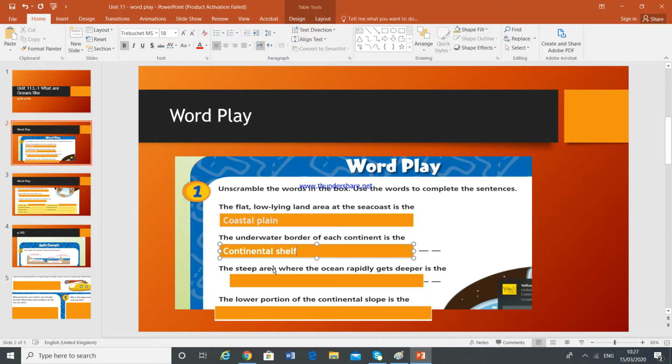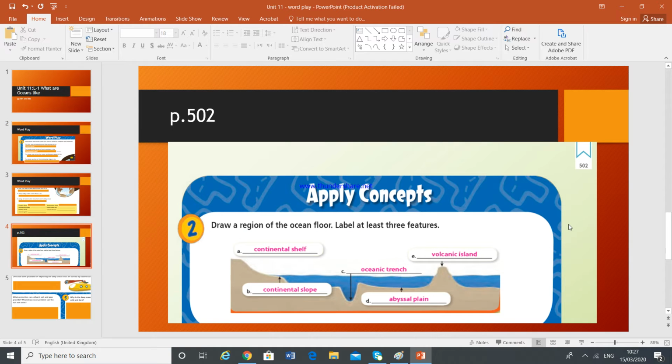Now, the steep area. It's a deep, steep area where the ocean rapidly gets deeper, called the continental slope. So see the word steep area and you will get to know it is continental slope. Let me show you in the other slide here.